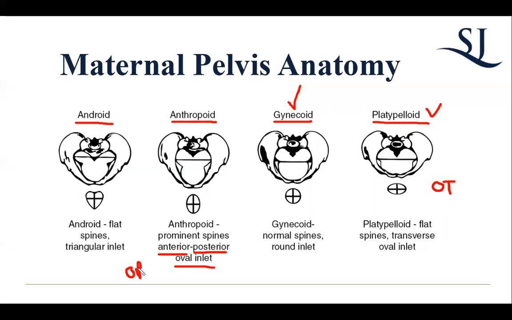You can remember that because we're talking about AP diameter. Because the anterior posterior diameter is elongated, you have an oval, but it's also truncated, so the head doesn't turn. In the cardinal movements of labor, it just doesn't complete them, so you end up with an occiput posterior presentation.